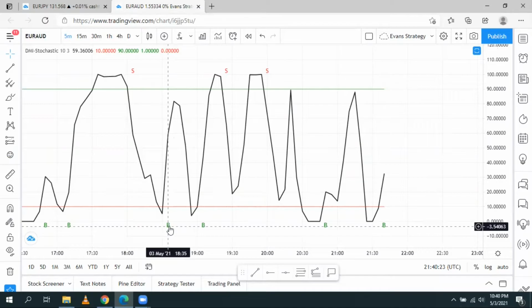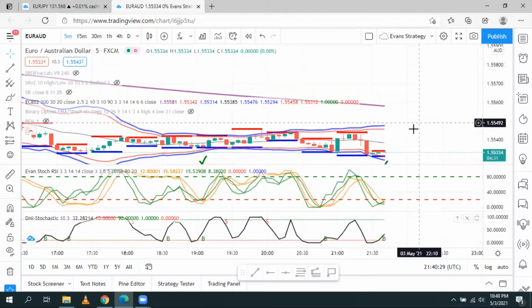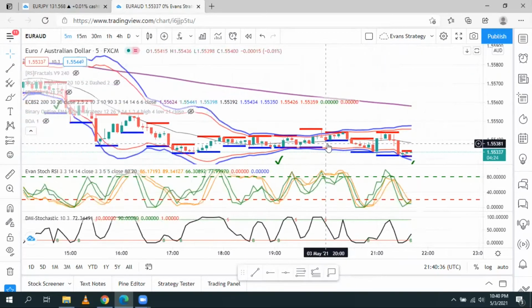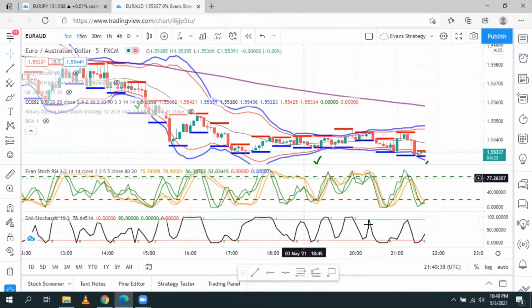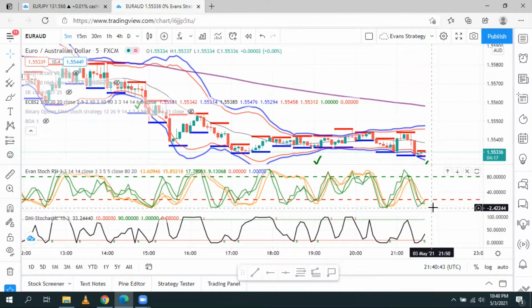Very simple. So we use this DMI stoch to know when to enter the market in this strategy. The DMI will tell us when to enter the market. So if the DMI is yet to tell us to go in, we don't go in, we keep waiting.